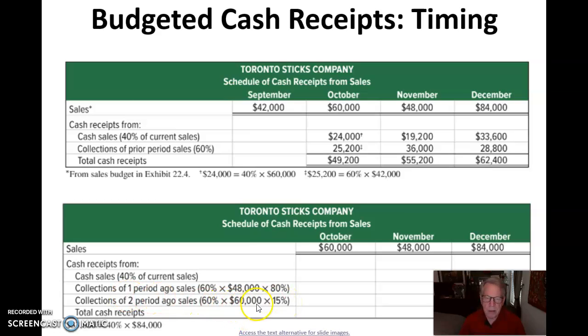And the difference there, as you can see, that's 95%. That's saying that we're not going to collect all of that, and we're going to lose some of that for people not paying us. Okay, everybody see that?